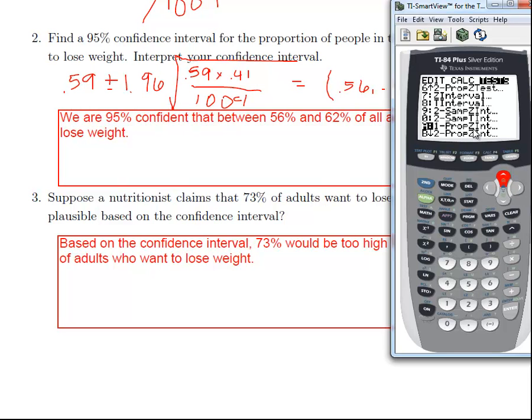Z is because we're using the normal curve, and interval. Okay, and so I want to enter my count. My count was 595. My sample size was 1,009. And my confidence level was 95.